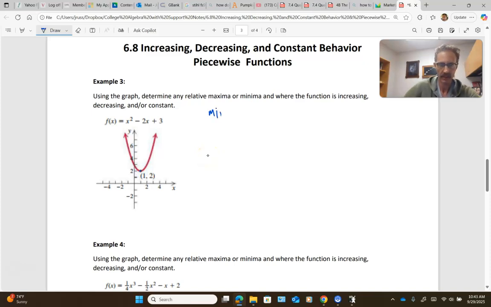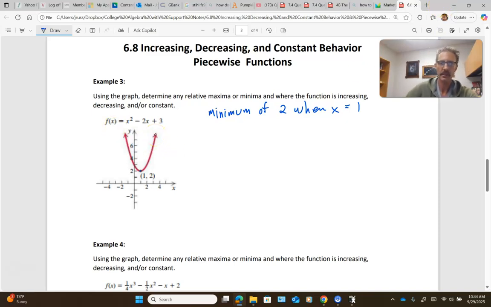So we're going to say minimum of 2, because that's the function value, and then we'll say when x is equal to 1. So again, this just means that the smallest output that you'll get out of this function is when you plug 1 in for x. If you plug any other value in for x, you're going to get values that are greater than 2, because 2 is the minimum of that function.